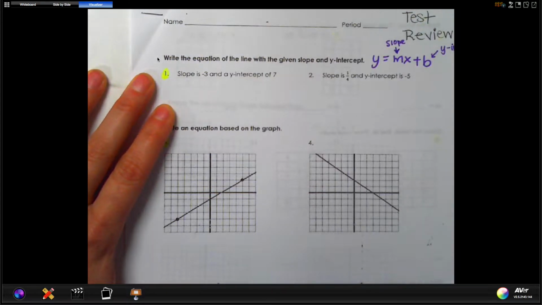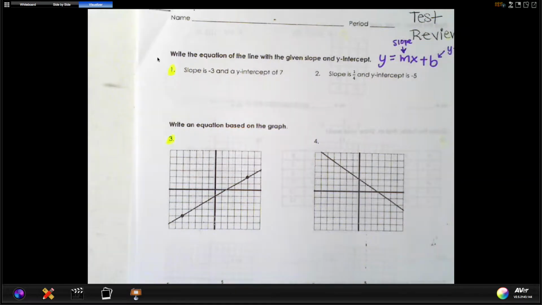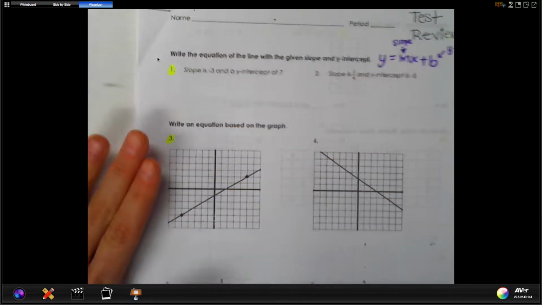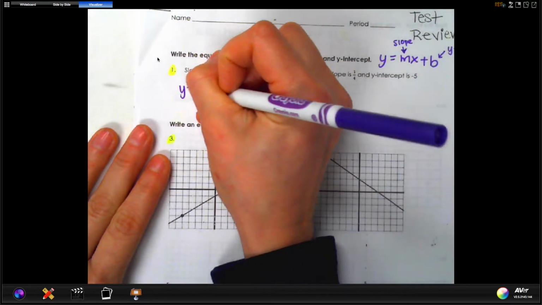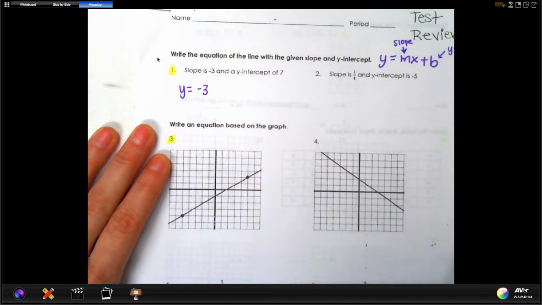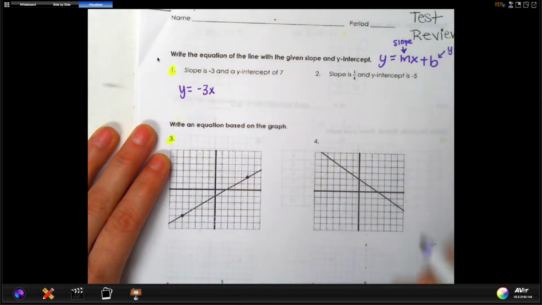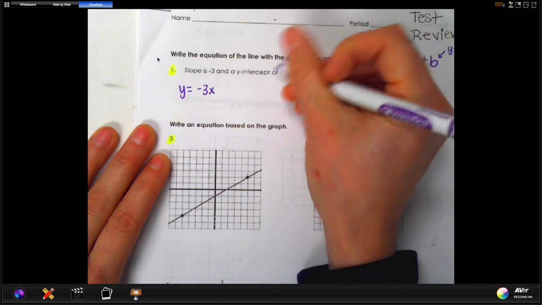And so if you're given the slope and the y-intercept, the answer to this should be relatively easy. You start with y equals, and then you put your slope, -3, and make sure that next to the slope you put your x, because slope is always multiplied by the x, and then we put our y-intercept.